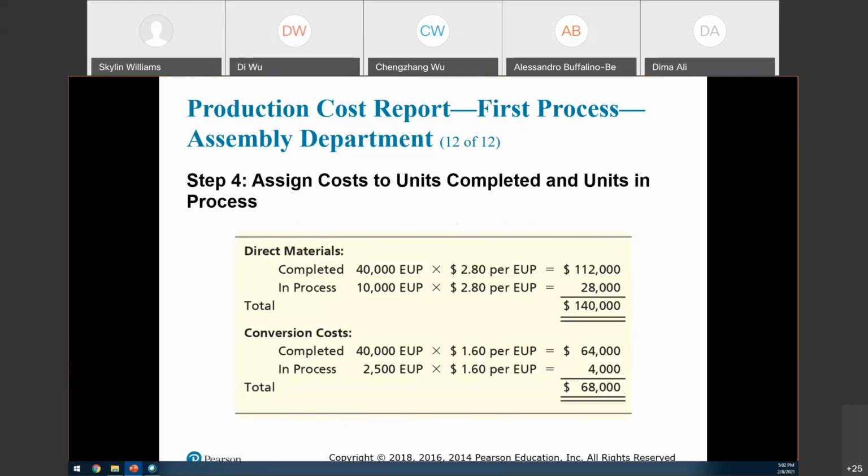Well, the last step is calculated as follows. We use the result in step 3, the unit cost. The unit cost calculated in step 3 times the EUPs.